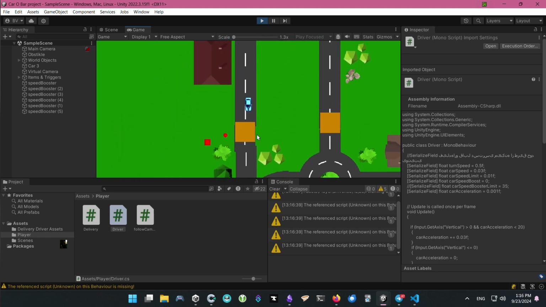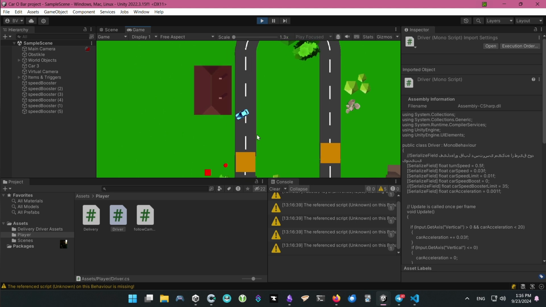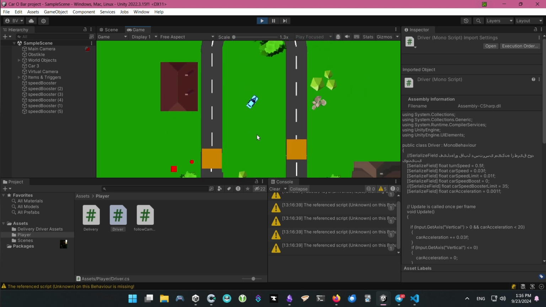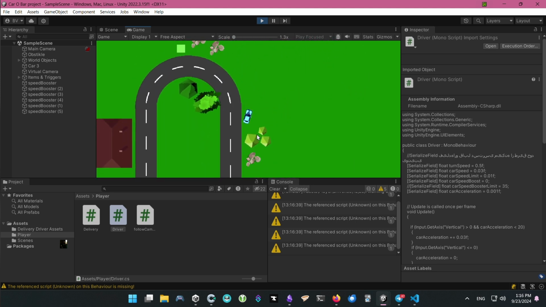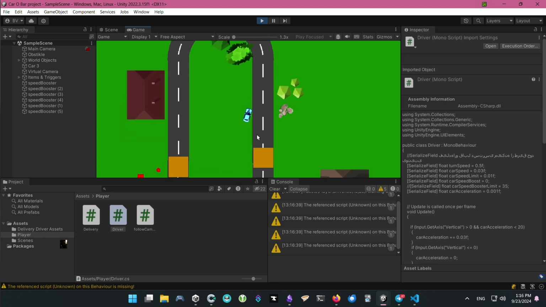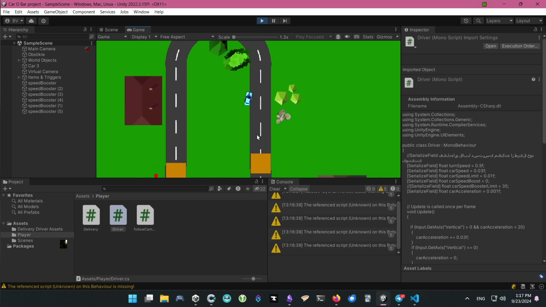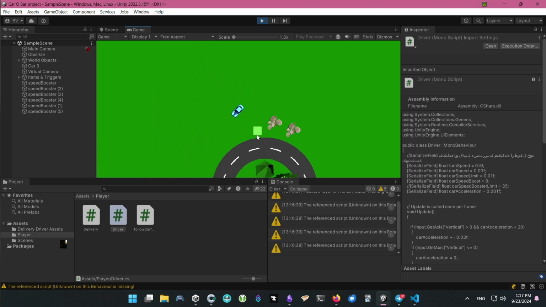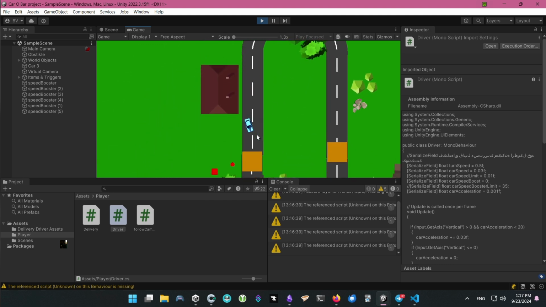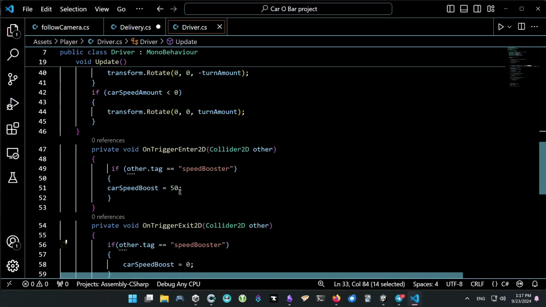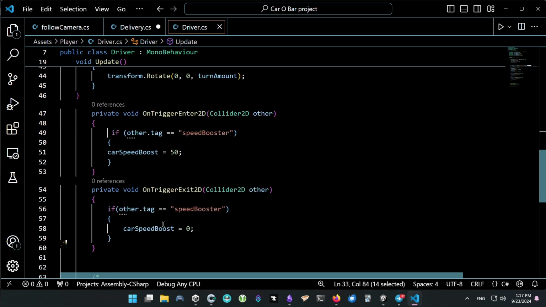But if both were negative, when I went backward, left was right and right was left. So I had to change that to have the wanted result. And yeah, this is basically it. I don't want to bore you anymore.